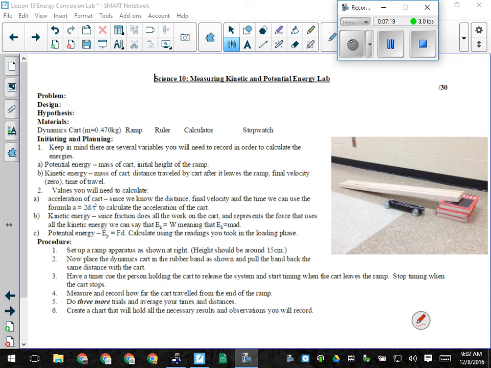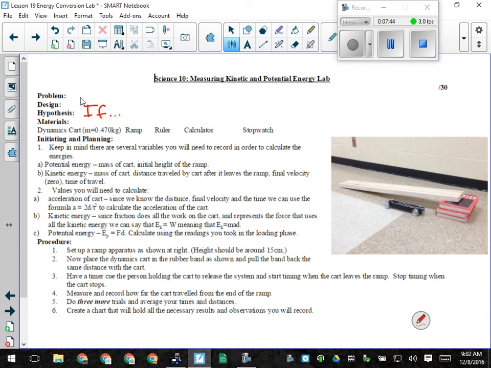Now for the hypothesis, the if and then statement. The whole premise here, the whole idea that we've been working on the last couple of days, is that mechanical energy is conserved in all energy conversions. Agreed? But what world are we living in when we say that? We're living in the perfect physical world.